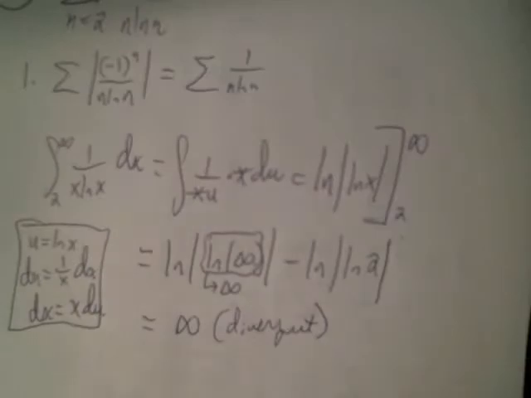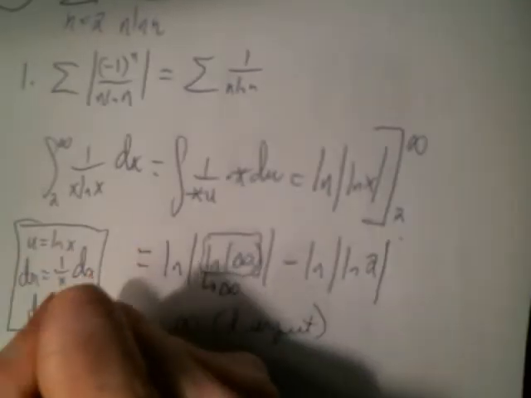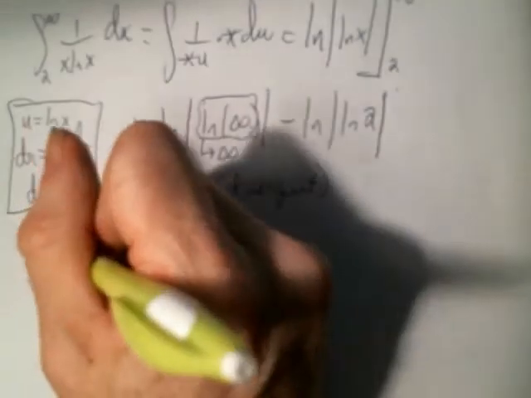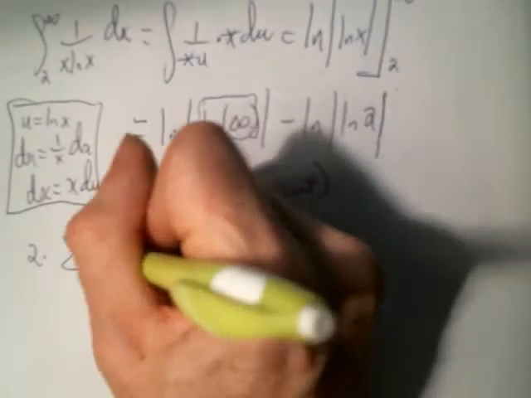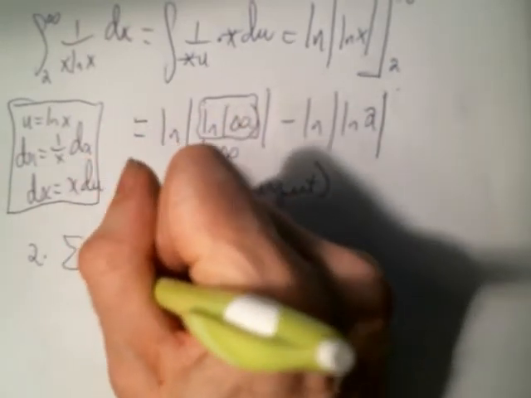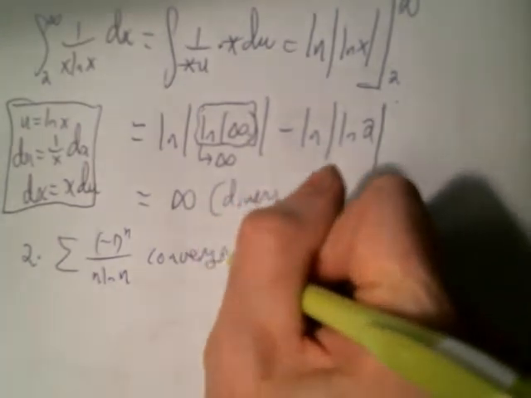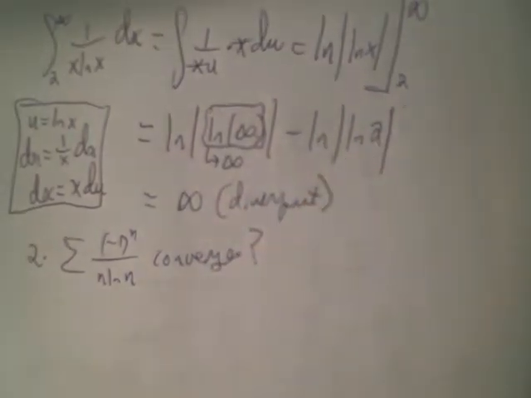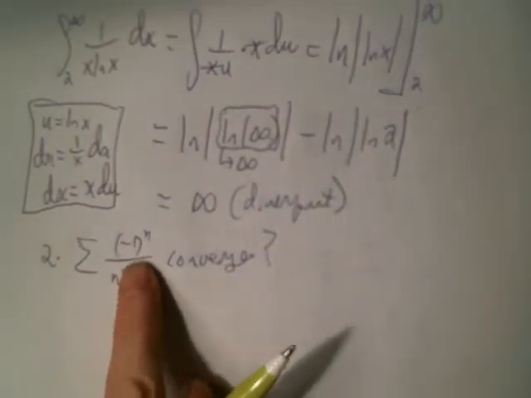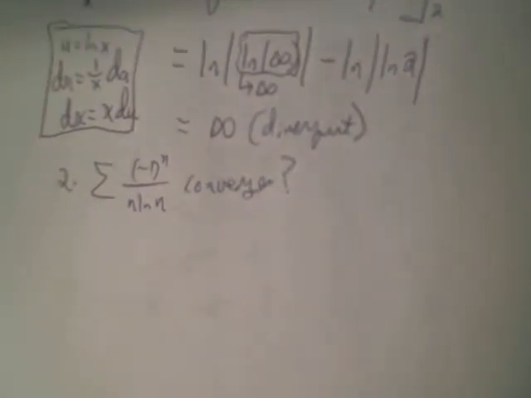Does that thing converge? So secondly, I have to go back and see if this series converges. Because of that -1 to the n, we know it's an alternating series.